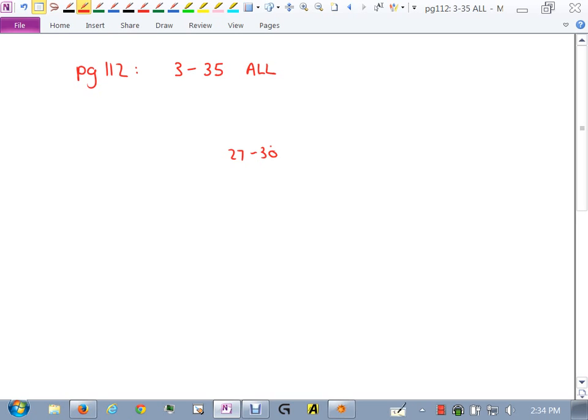Number 31 and 32, you can skip part B because they ask you to graph using a calculator. Just don't worry about it. Skip part B for those two.